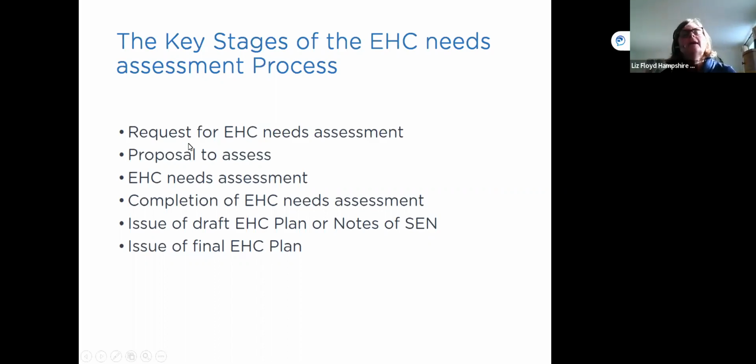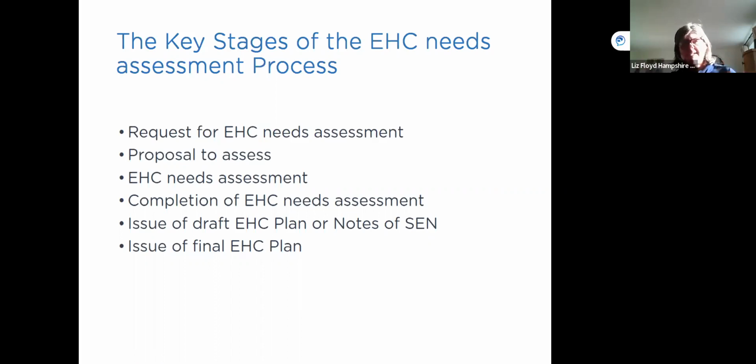Okay, and then the next stage is they decide whether or not to do an assessment. The next stage is the EHC Needs Assessment itself. Then that normally takes quite a long time, and we'll talk about timeframes in a minute.